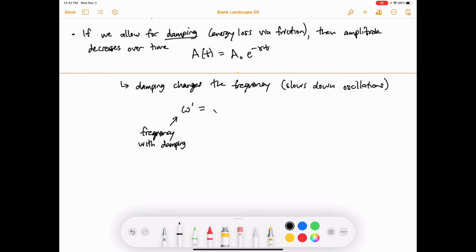This is equal to the square root of omega naught squared minus gamma squared, where omega naught is the frequency without damping, and gamma is what we call the damping coefficient.